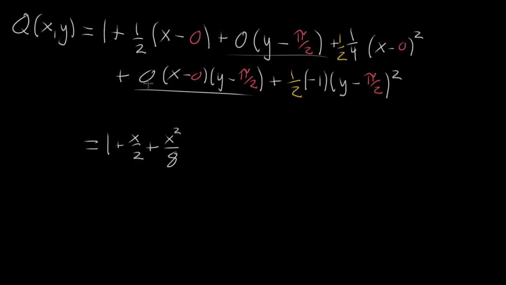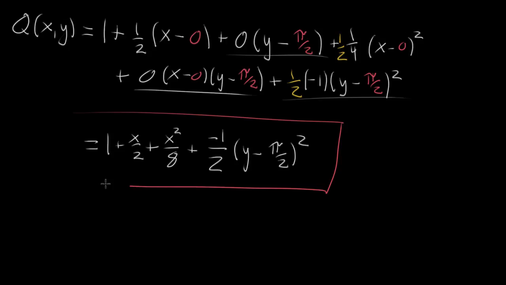This mixed partial derivative term is 0, so that's pretty nice. And then this last term here is just -1/2 times y minus pi halves squared. So that is the quadratic approximation.